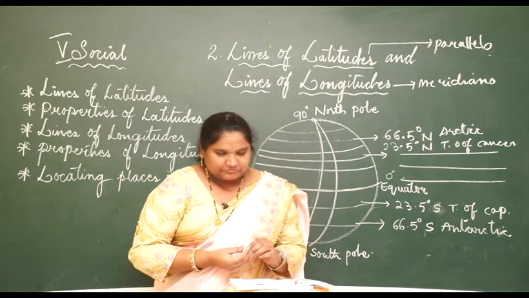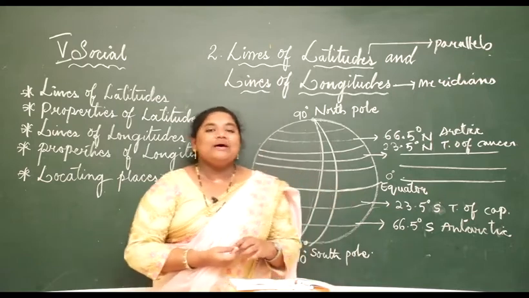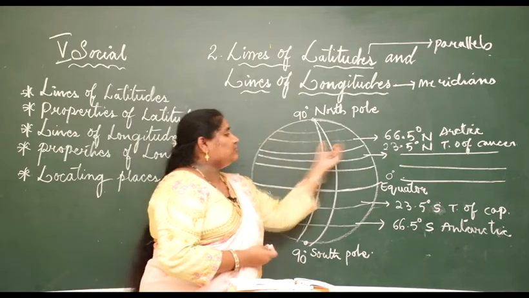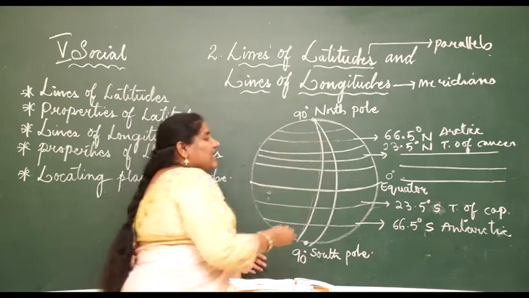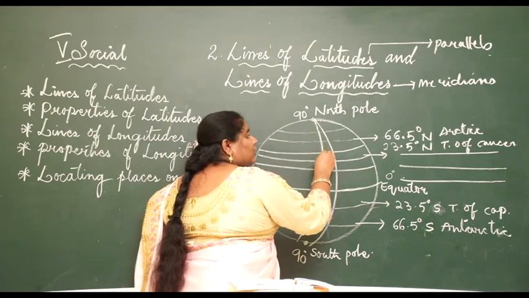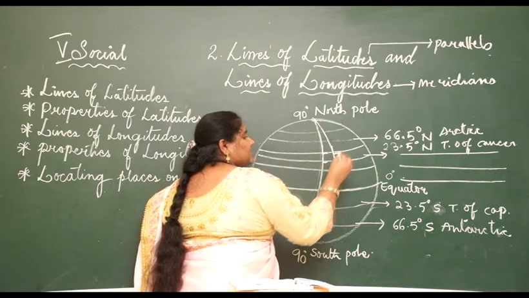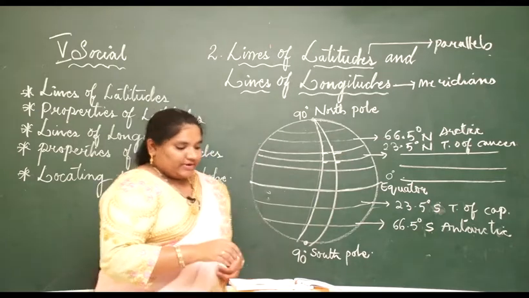Okay. So what does meridian mean? Meridian means midday. So these lines of latitude and lines of longitude cut each other at an angle of 90 degrees, which is a right angle. You can see here. This is a right angle.